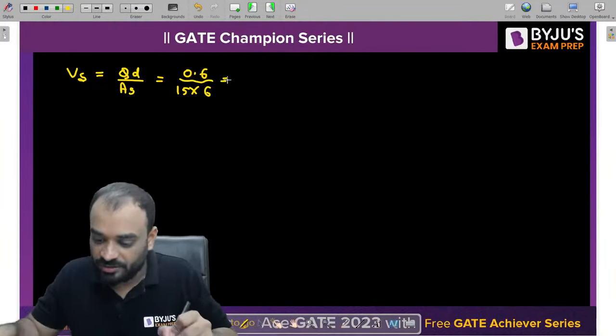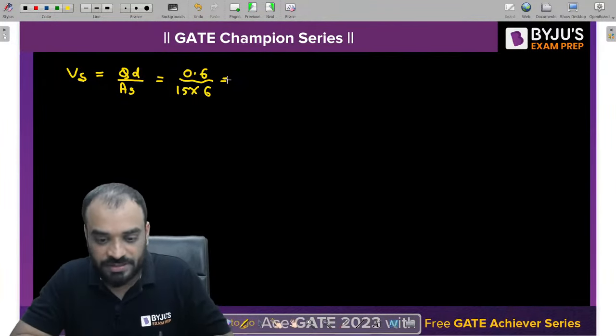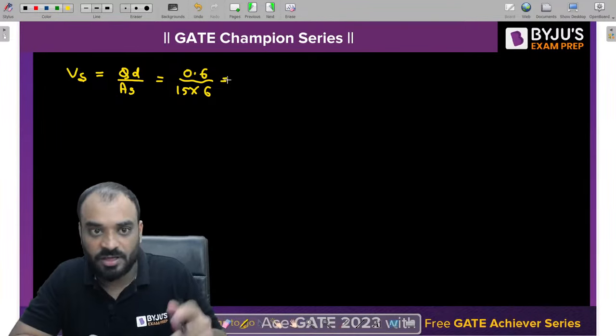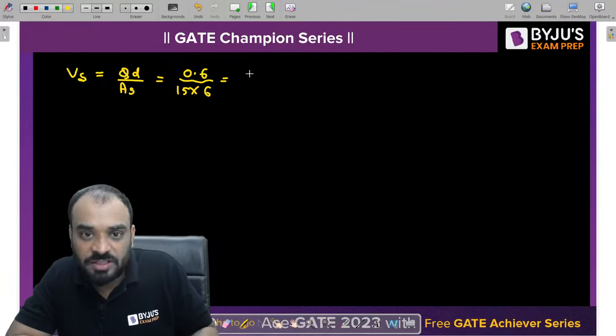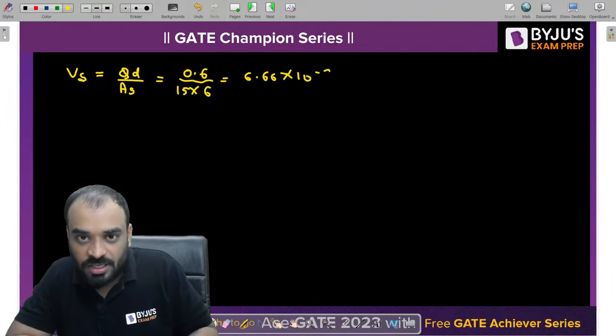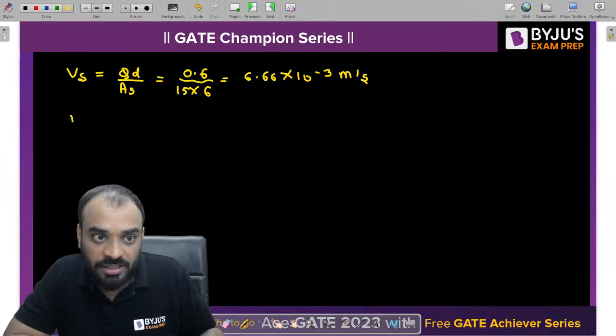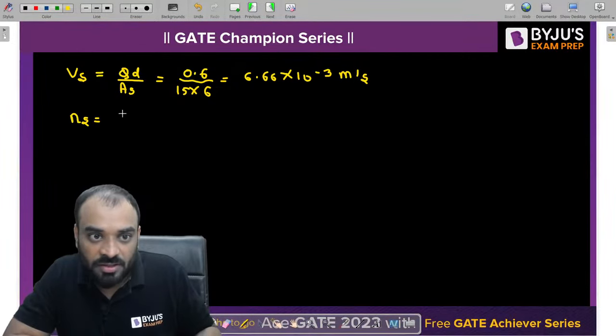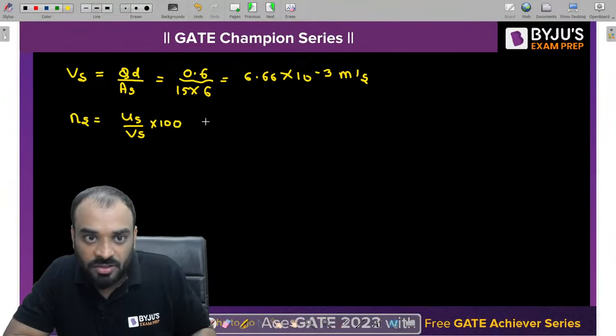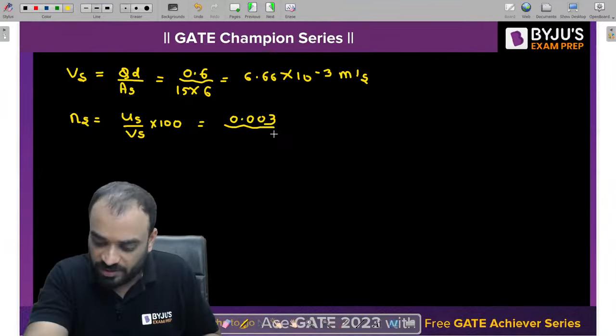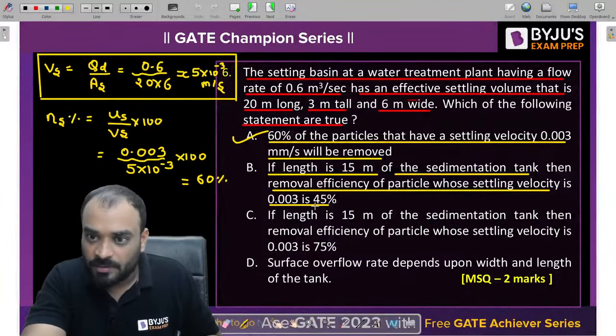Okay, let's calculate it. 0.6 divided by 15 divided by 6. Okay, guys, so we are getting a value of 6.66 into 10 raised to power minus 3 meter per second. Now let's calculate the percentage removal again. Vs upon V0 multiplied by 100. So the Vs value is, I think, the same, 0.003, which is given in the question, right?